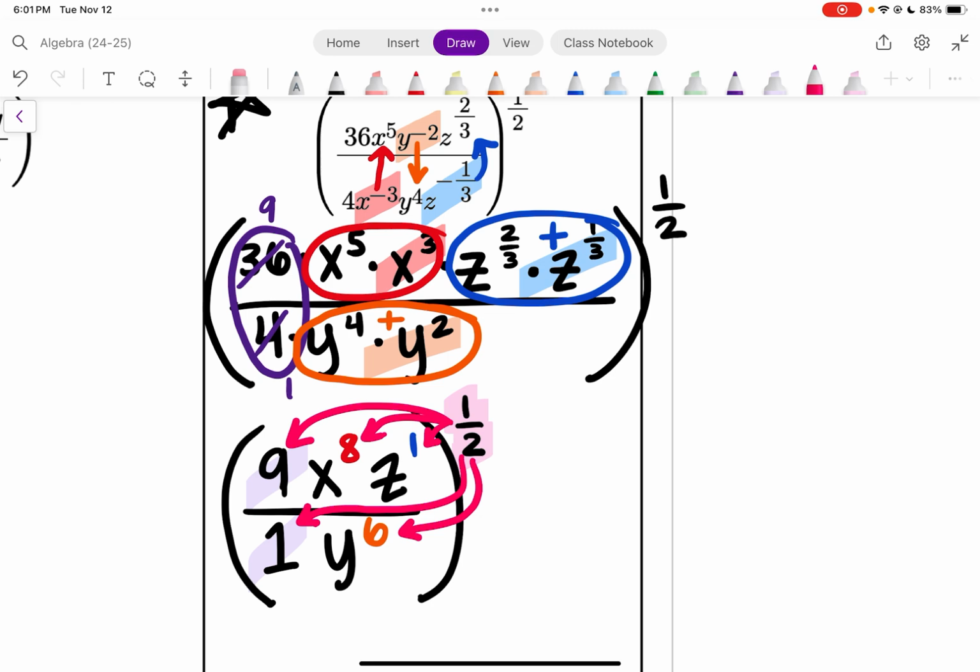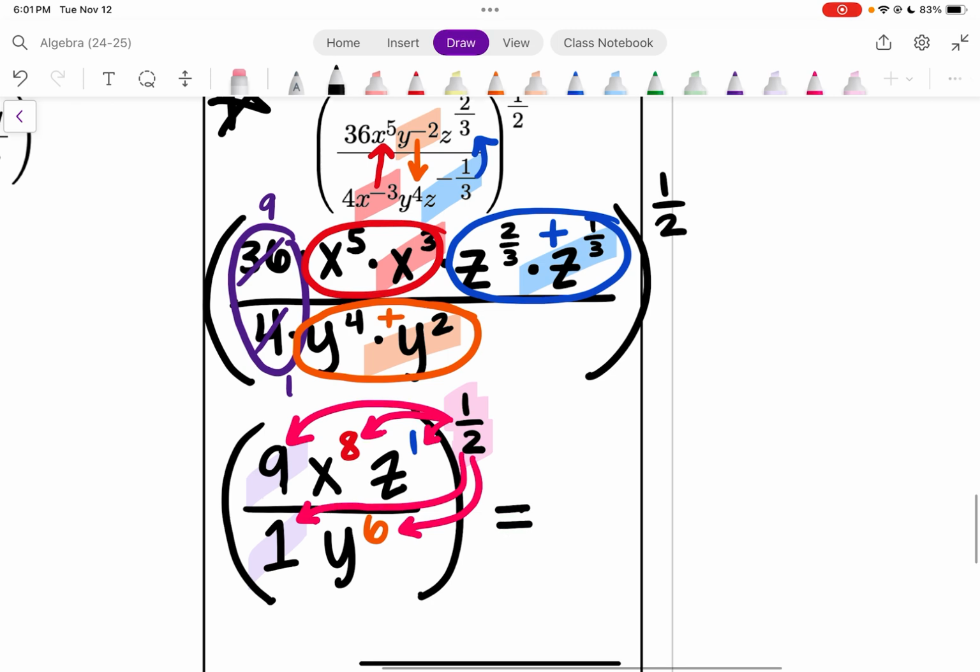Okay? So now what I'm going to have in my final answer is 9 to the 1/2. And I'm actually going to write that in pink. To the 1/2. I have x, half of 8 is 4. I have z, 1 times 1/2 is 1/2.